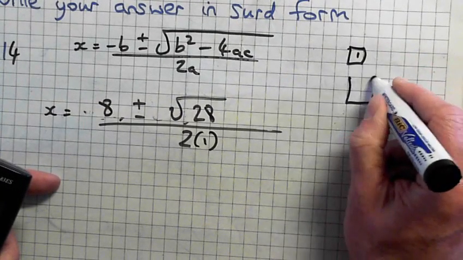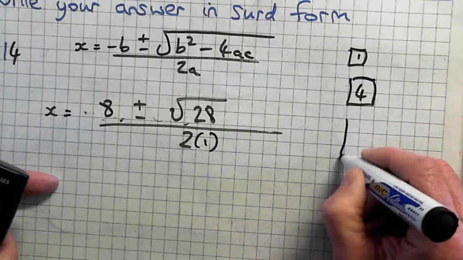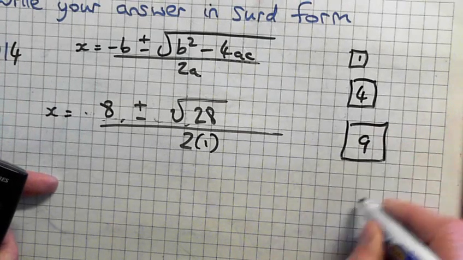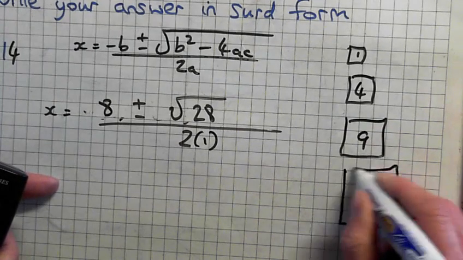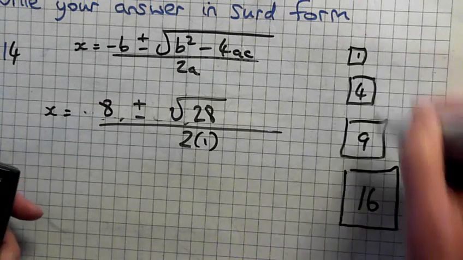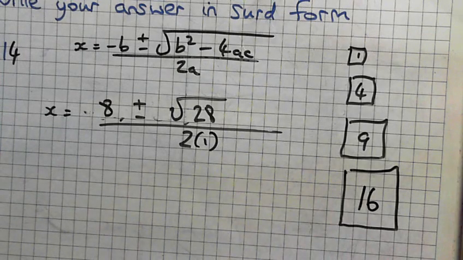Now we need to write down our square numbers. 1, 2 by 2 is 4, 3 by 3 is 9, 4 by 4 is 16. Which one of these numbers is going to divide into 28?